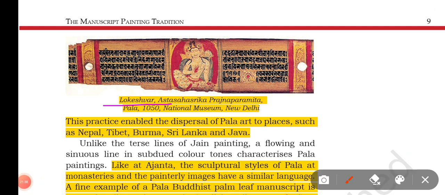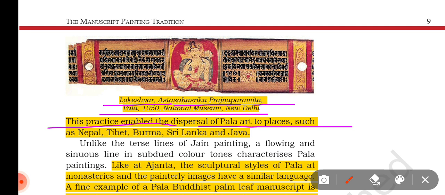Lokeshwara, Ashtasahasrika Prajnaparamita, Pala, 1050, National Museum, New Delhi. This practice enabled the dispersal of Pala art to places such as Nepal, Tibet, Burma, Sri Lanka, and Java.